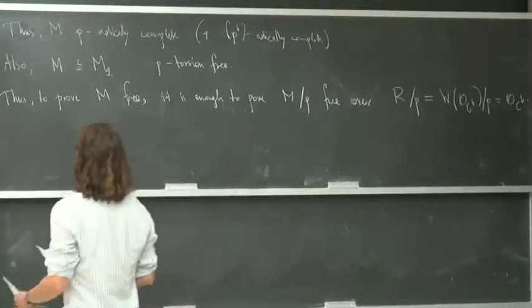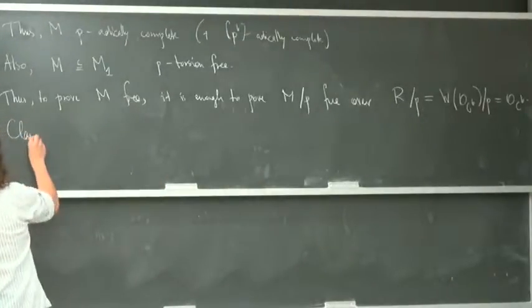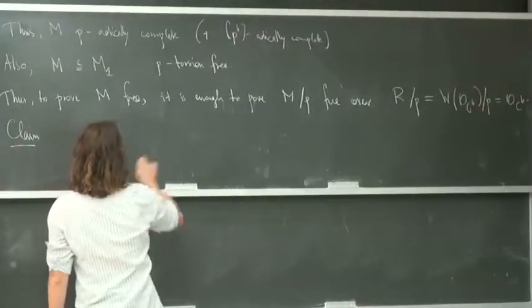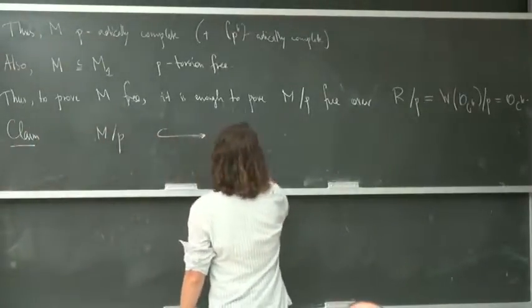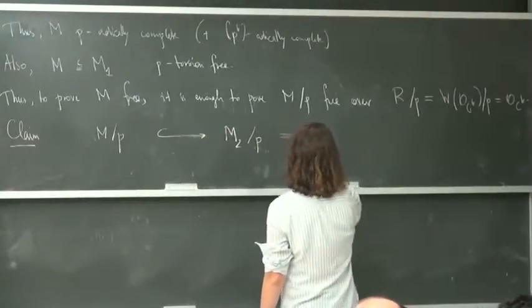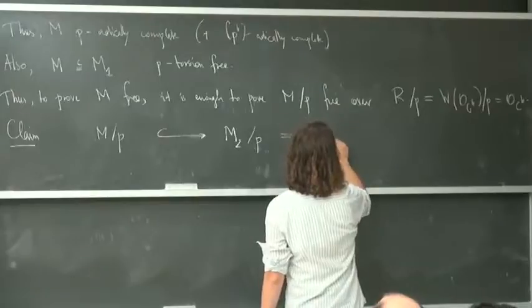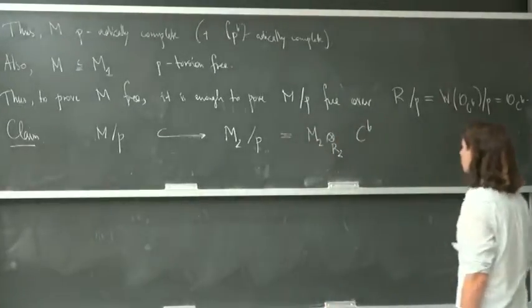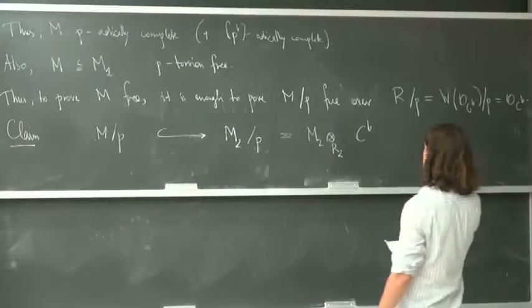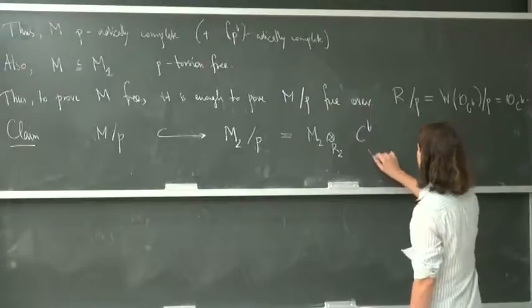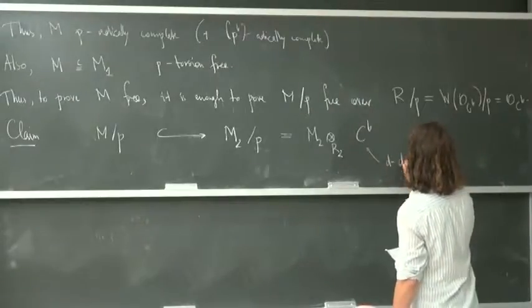Okay, and so the next claim is that M mod p injects into M2 mod p, where M2 lives over R2, and then mod p, this is C flat. And so this guy here is a d-dimensional C flat vector space.